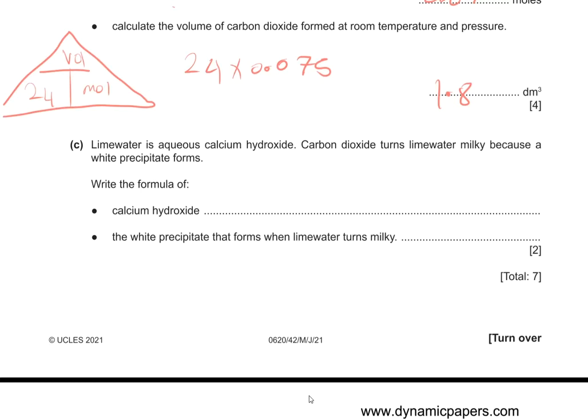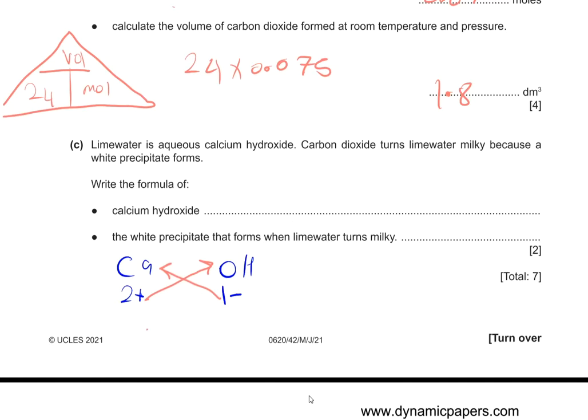Lime water is aqueous calcium hydroxide. Carbon dioxide turns lime water milky because a white precipitate forms. Write the formula of calcium hydroxide. So let's look at the ions of calcium hydroxide. So we have calcium with a 2 plus charge here, and OH with a -1 charge. So we're gonna follow the crisscross, which says that the number of charges in the negative charge goes to the positive charge, and the number of charges in the positive charge goes into the negative. Therefore, the compound looks like this.